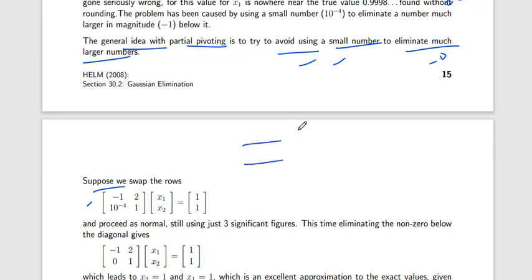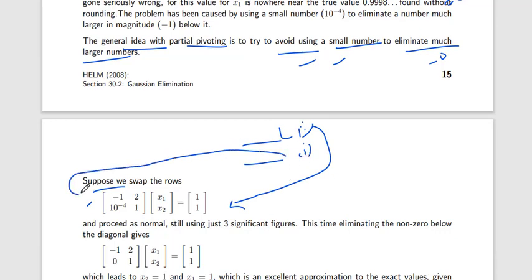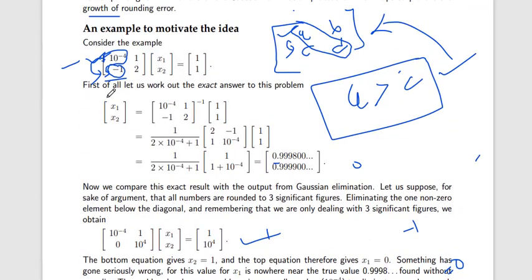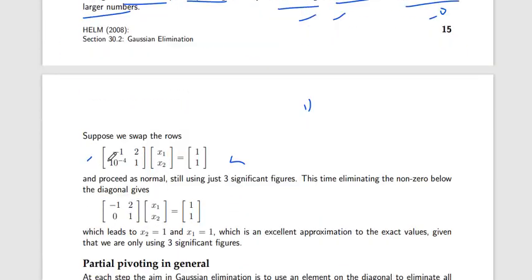If I write this as the second equation and this as the first equation, this will move to the second row and this will be put in the first row. So this will not change the values of x1 and x2. So suppose we swap the rows: minus 1, 10 raised to minus 4, 1.